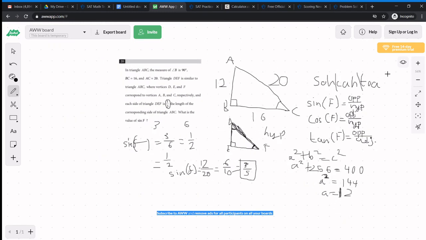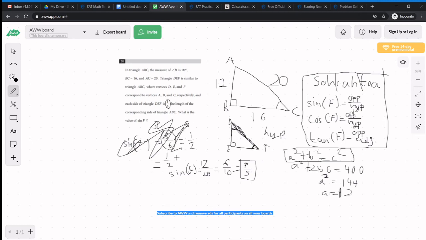Alright, and that is going to be our answer. So again, keep in mind SOHCAHTOA, keep in mind the Pythagorean theorem. And when you're dealing with ratios, if you change both these side lengths and trim them down by 3, it's not going to change anything. But even if you don't realize this whole fact, you still will get the exact same answer.